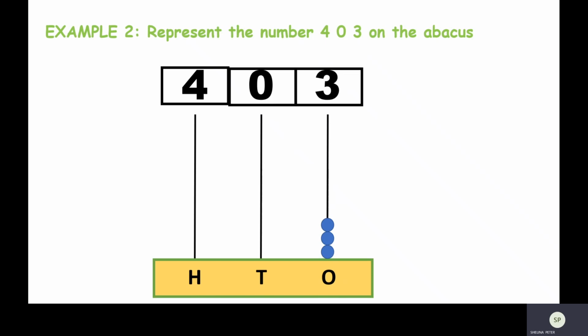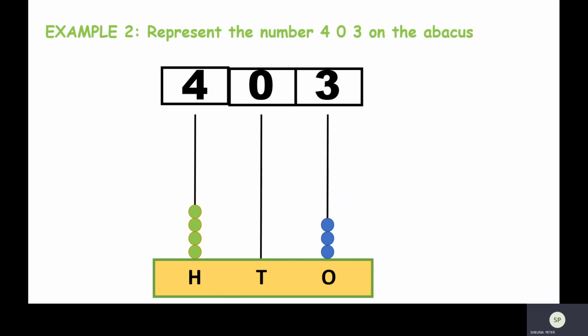So we will leave this place as it is and go to the next place, that is 100's place. How many beads will you use to represent the 100's place? Absolutely correct. Well done. We will use 4 beads: 1, 2, 3, and 4. So this is how we will represent the number 403 on the abacus.